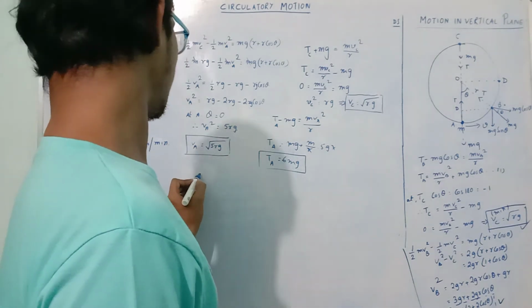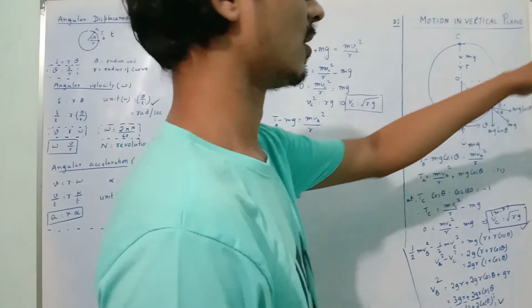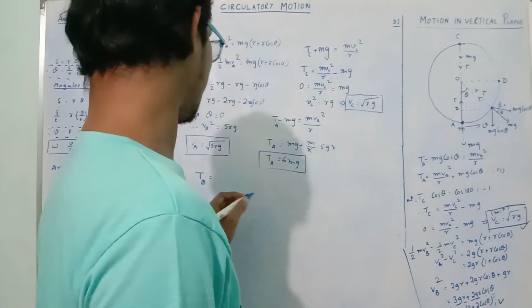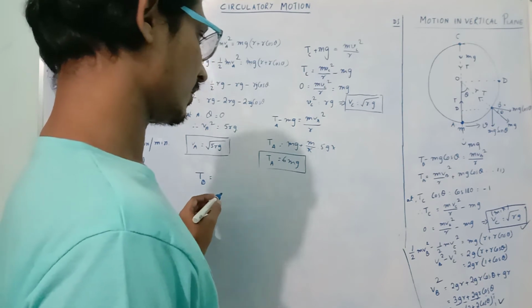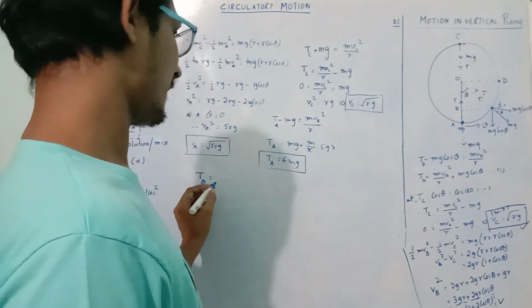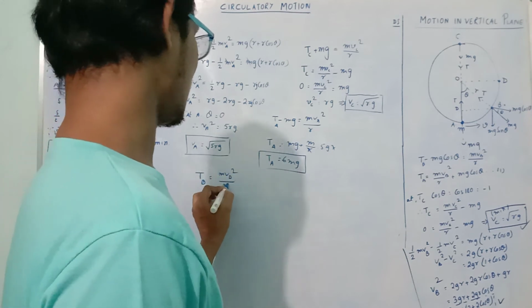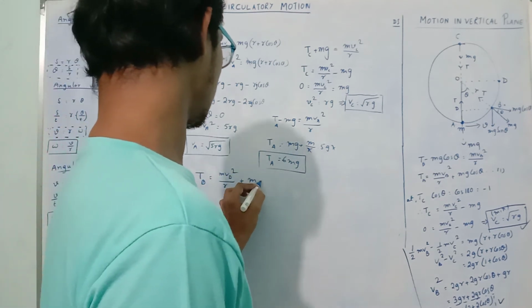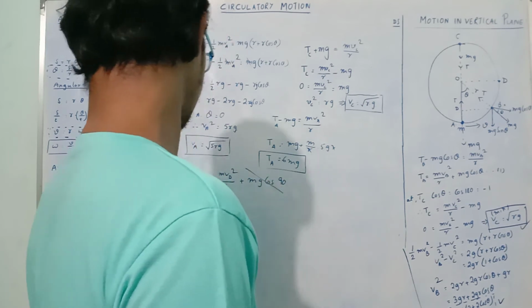And the tension at D, suppose at point D, which is horizontal, the angle is 90. So TD will be mvd square by r plus mg cos 90. Cos 90 is 0, so this one cancels.